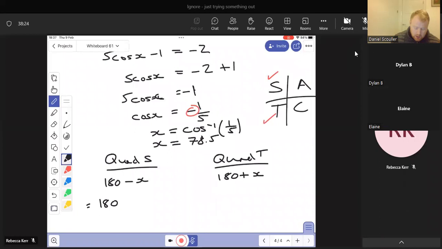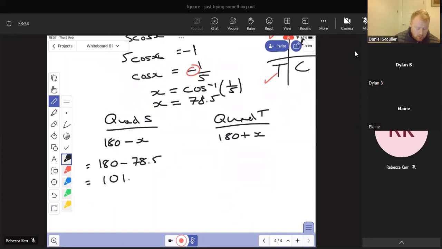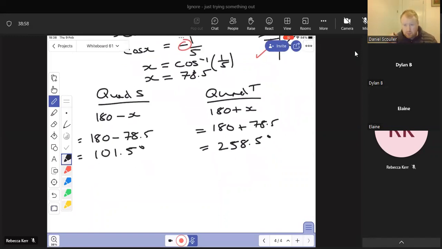So 180 minus 78.5 is going to give me 101.5, and 180 plus 78.5 is going to give me 258.5 degrees.